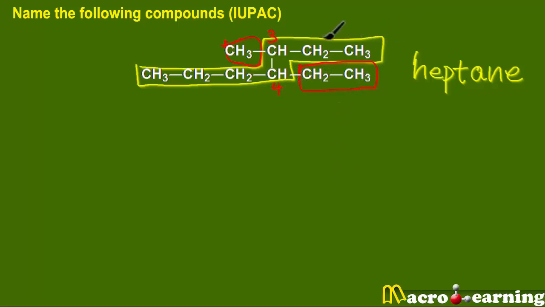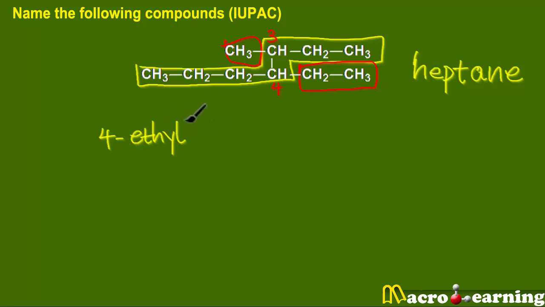Because this way, the first substituent that we see along the chain will receive the lowest possible carbon number. If we start from the other end instead, then it's not going to be the case anymore. So it's 4-ethyl.